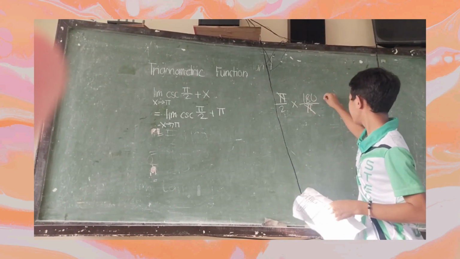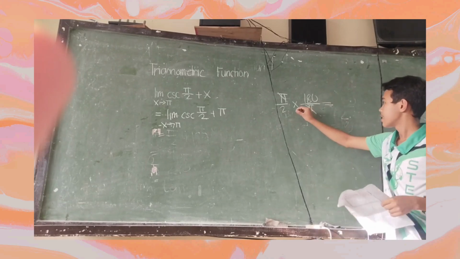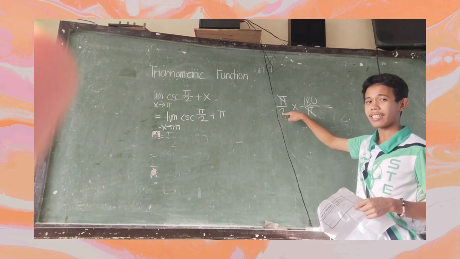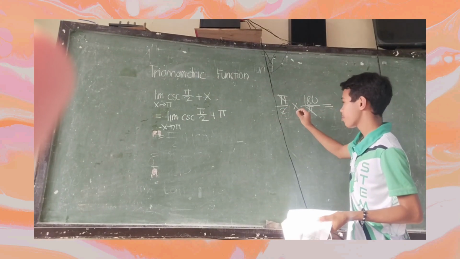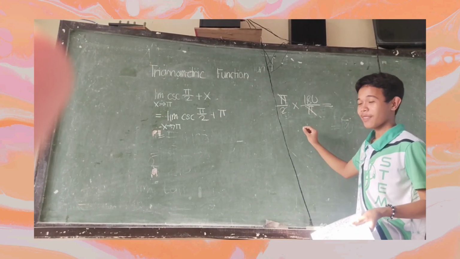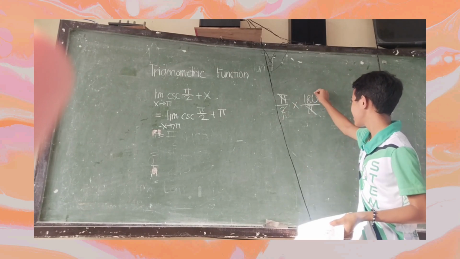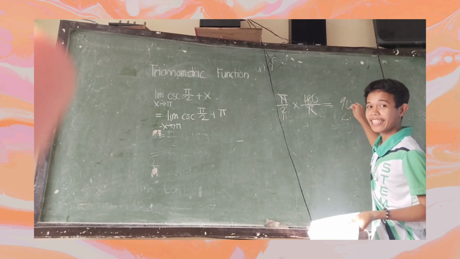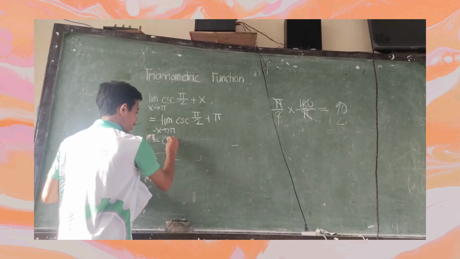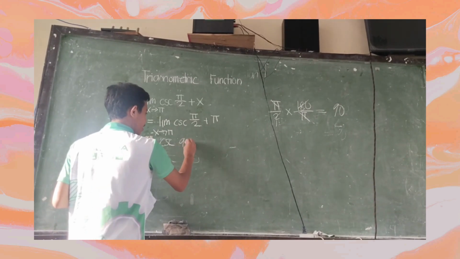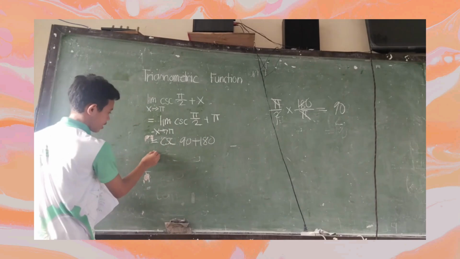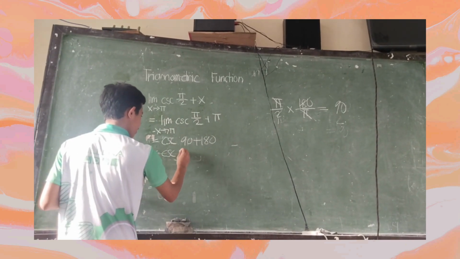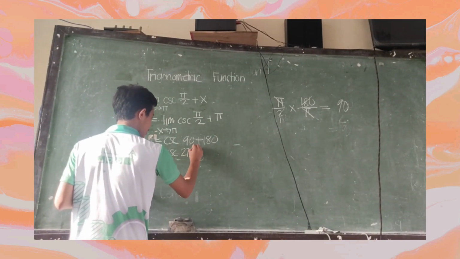Since the GCF of 2 and 180 is 2, we get 1 and 90. Cosecant of 90 plus 180 is equal to cosecant of 270.